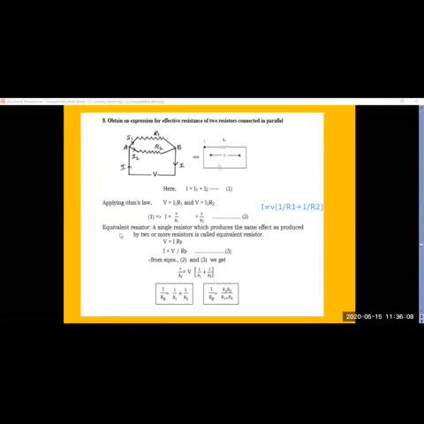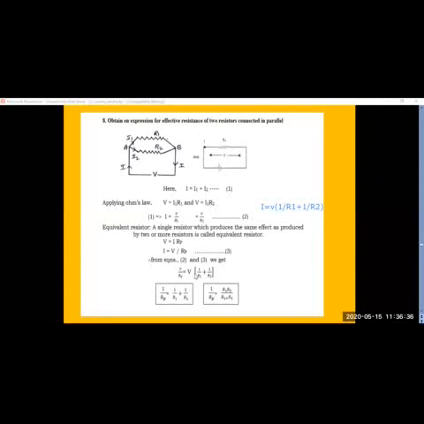Equivalent resistor: if you can change it to a single resistor which produces the same effect, then V will be equal to I into Rp. If you want I, write V here and bring Rp down to the denominator. From equations 2 and 3, I and I are the same, so we cancel it. You will write V by Rp is equal to V common 1 by R1 plus 1 by R2.